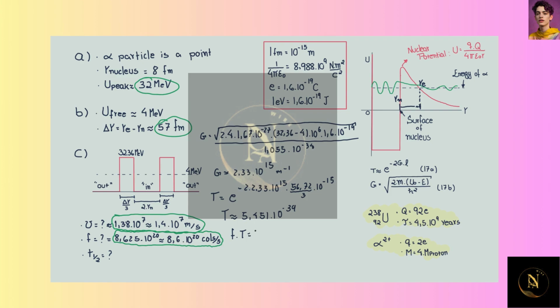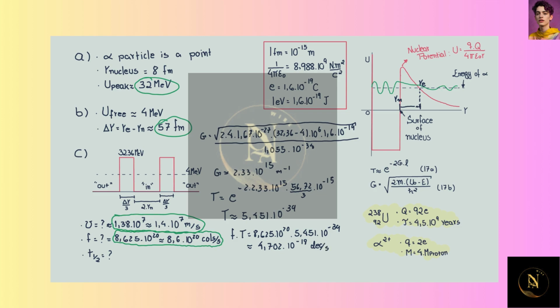F times t is 8.625 times 10 to the 20 times 5.451 times 10 to minus 39. And this results in approximately 4.702 times 10 to minus 18 decays per second.